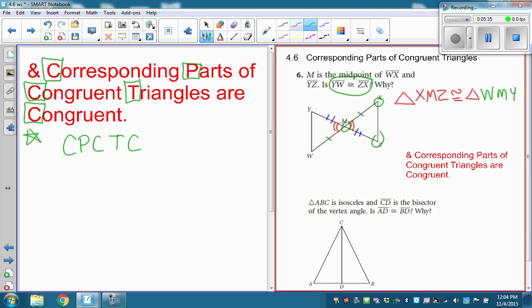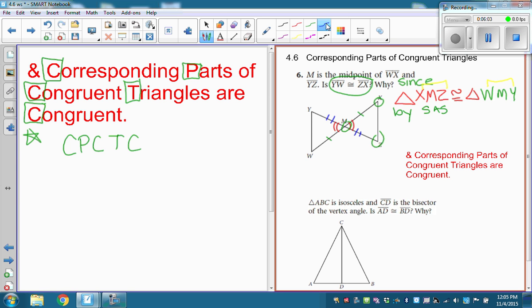So what I'm envisioning in your homework is this. Since these two triangles are congruent by side angle side, can we conclude that YW corresponds to ZX or XZ? Are they in the same position? Yes.